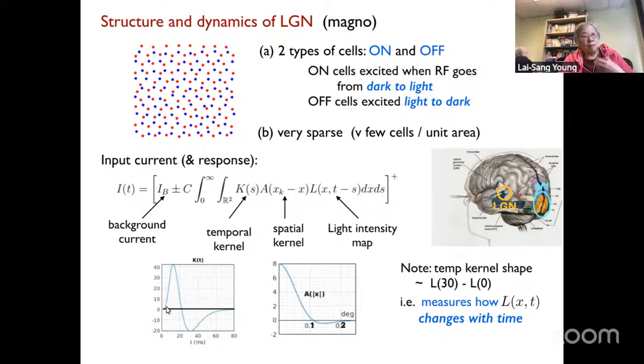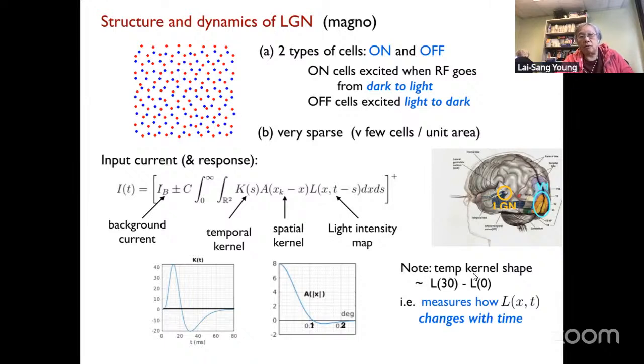So what it means when you convolve with a Gaussian or a little disk indicator function is that you average, right? That's what we're used to. Convolving with something like this means that you are taking derivatives, basically. You're taking something minus something.